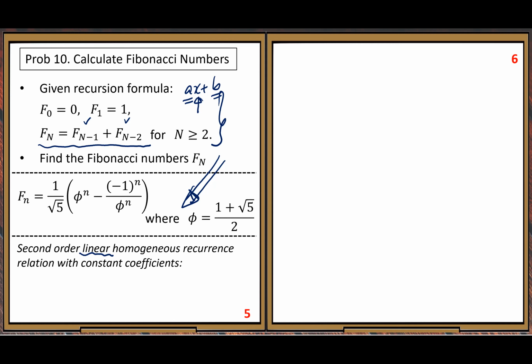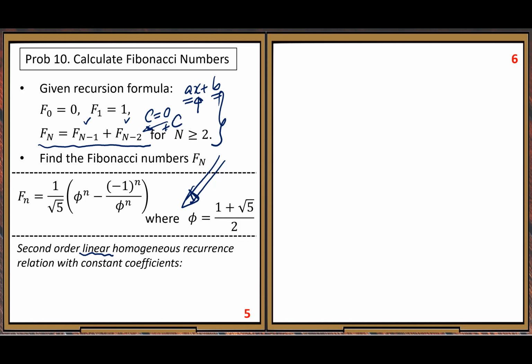Third one, homogeneous. What is homogeneous? Homogeneous means the constant c equals 0. Because other than these two terms, sometimes people add a constant c.